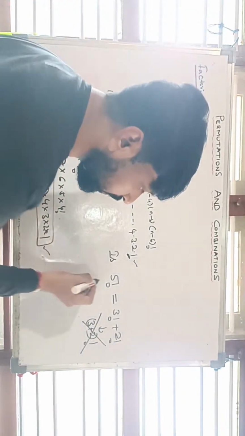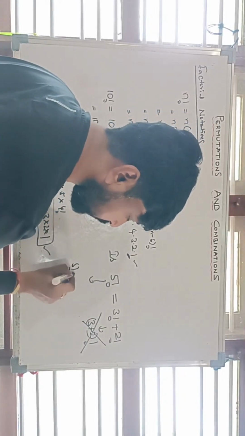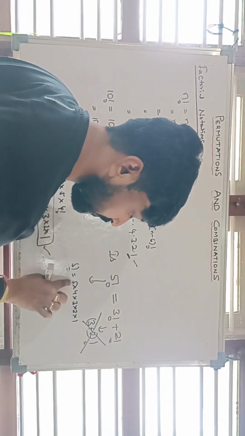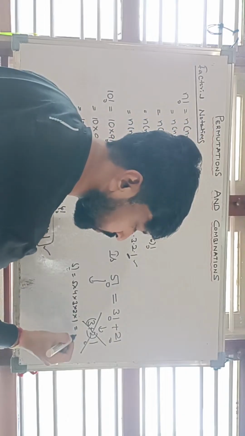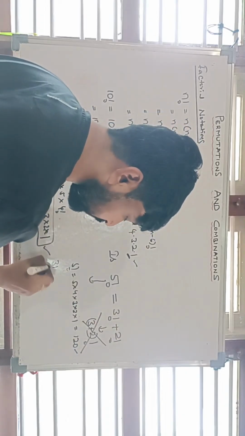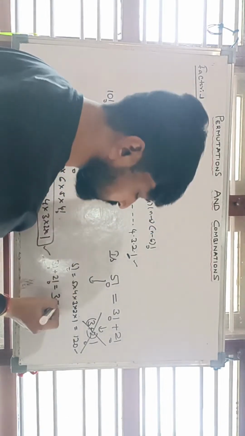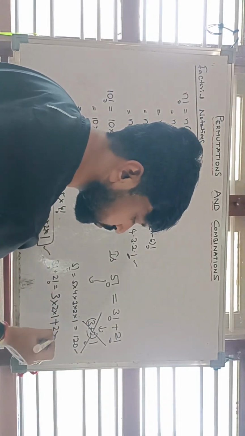So 5 factorial is equal to 5 into 4 into 3 into 2 into 1. 5 fours are 20, 20 into 3 is 60, 60 into 2 is 120. That is the answer. What about the RHS, 3 factorial plus 2 factorial? 3 factorial is 3 into 2 into 1, plus 2 factorial, which is 2 into 1.